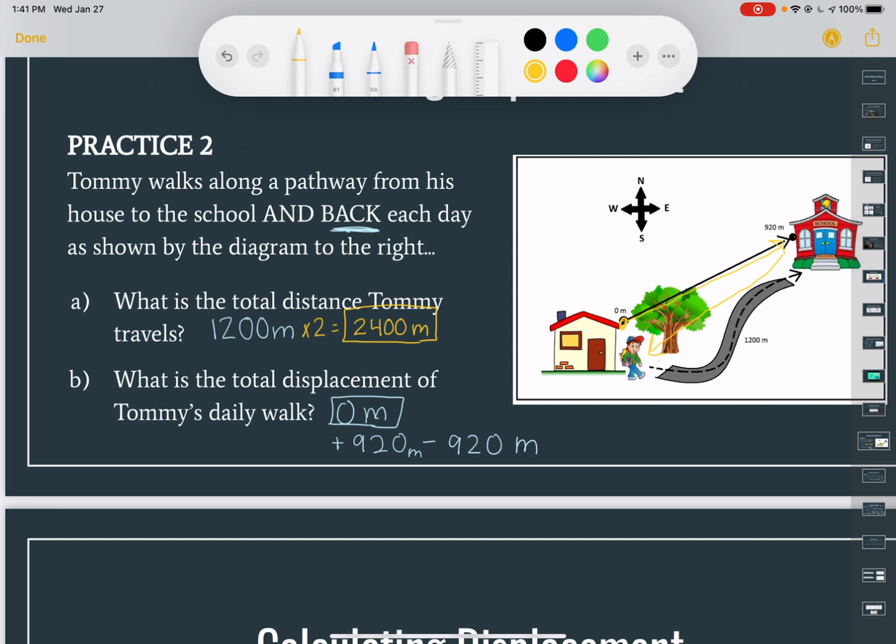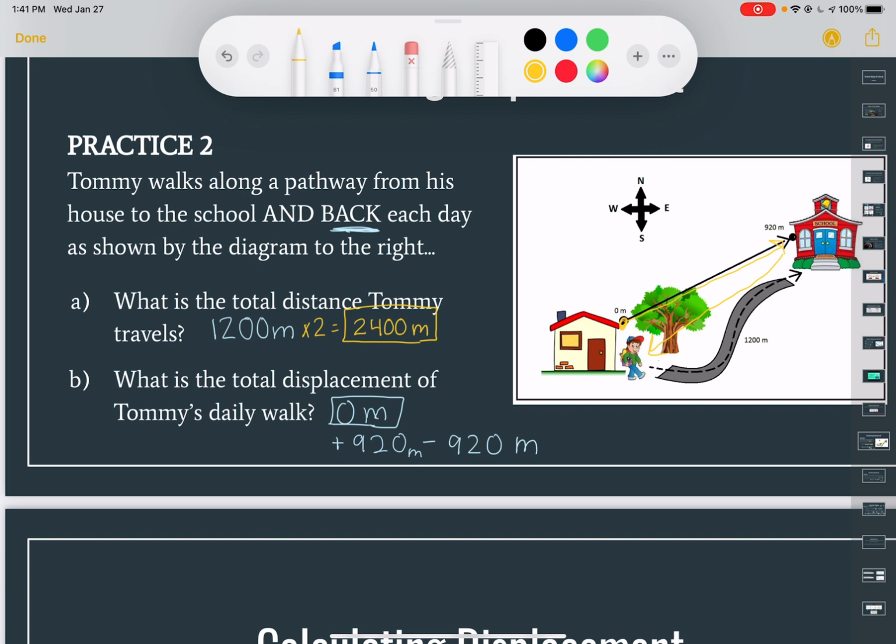In this case, he's 0 meters from where he started. He started at his house and he ended his day at his house. His displacement was 0. He has not moved from where he started. And we know he has moved, but his displacement, how much has he displaced in direction? 0. Okay?